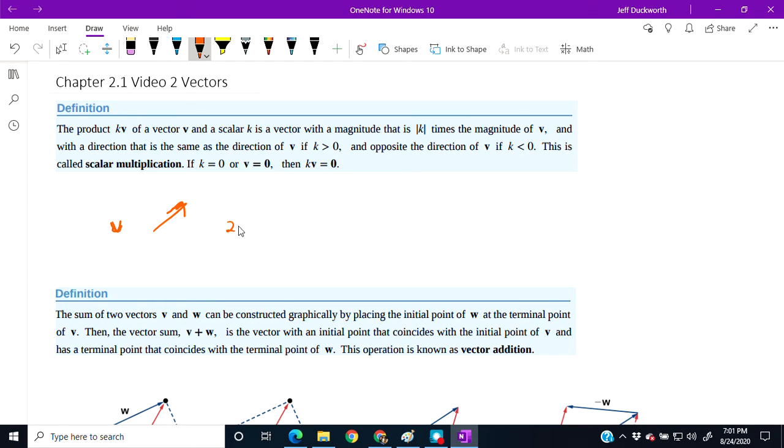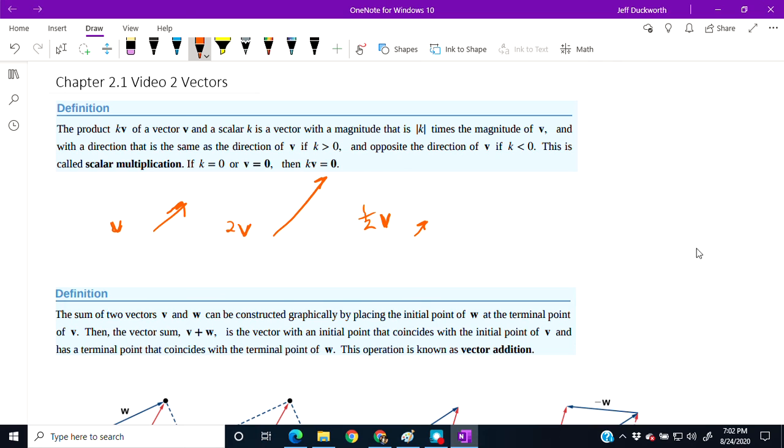If I took 2v, it would just be the same direction, only double. All right, and 1/2 v would be same direction, only about half the distance instead.